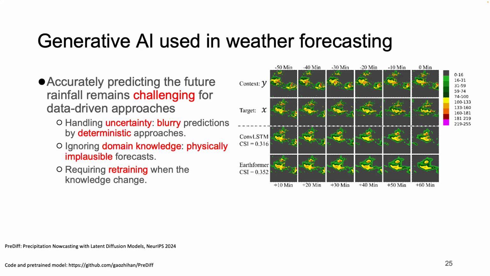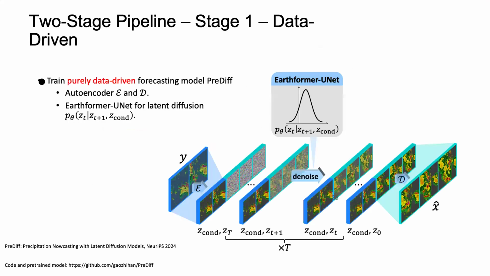That's the drawback from the previous setting. So we have a diffusion model, which is a two-step approach. First we do data-driven forecasting, just as what we did before, and then we do a knowledge alignment. The knowledge alignment is similar to RLHF. We got inspired from that.